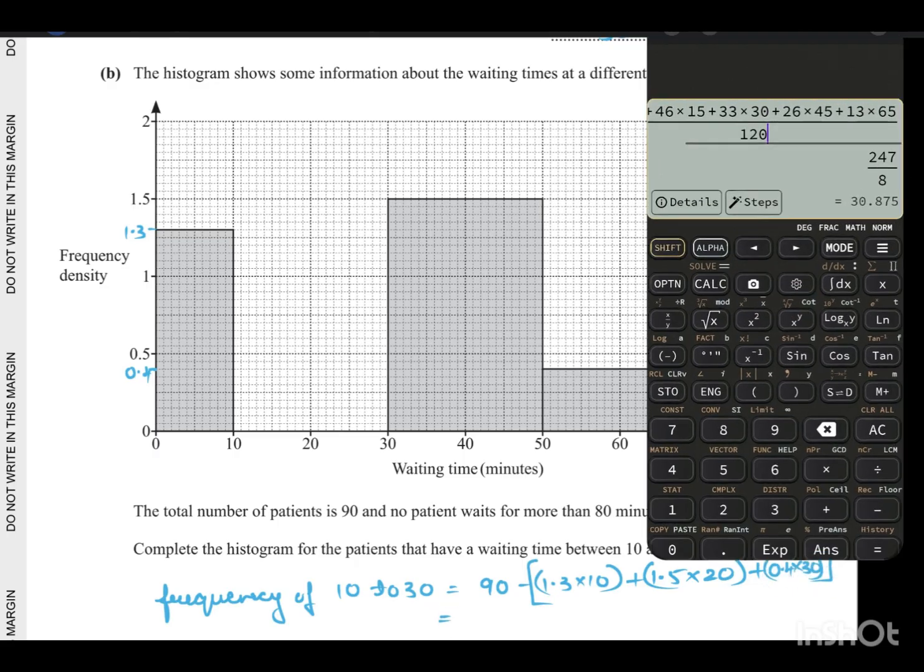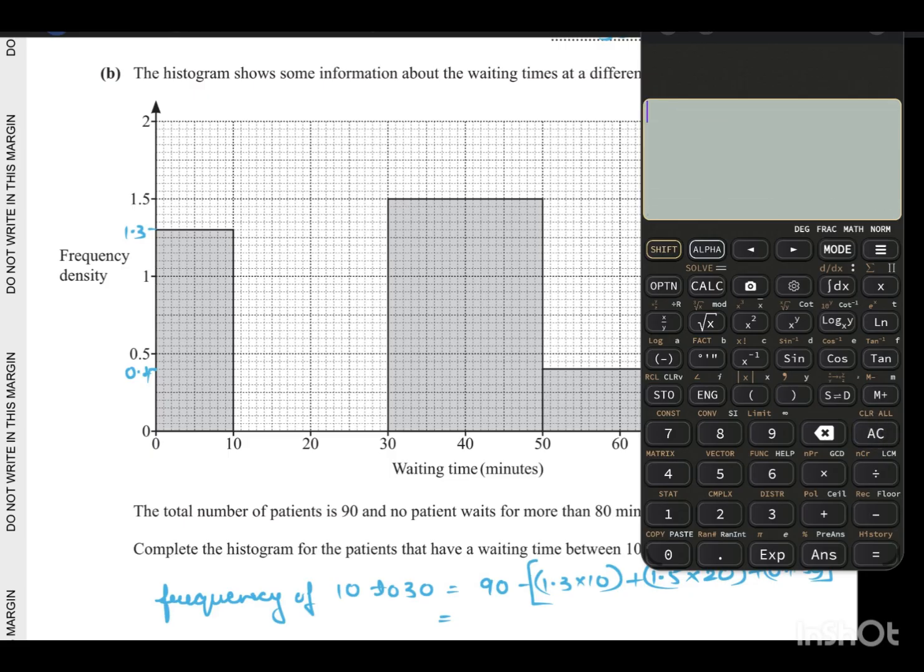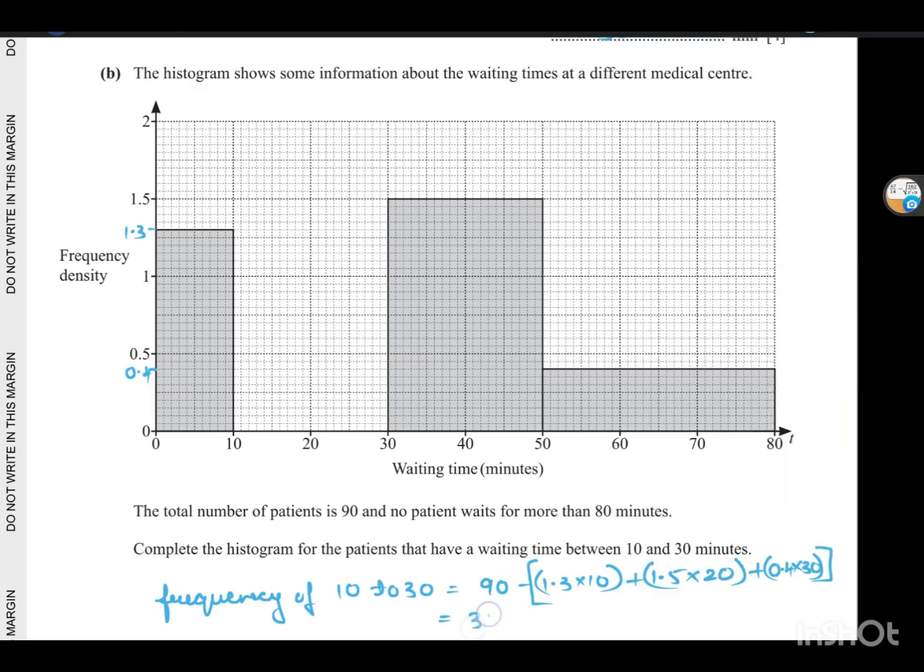So just do that: 90 minus, open the brackets, 1.3 into 10 plus 1.5 into 20 plus 0.4 into 30 is equal to 35. So the frequency is 35.